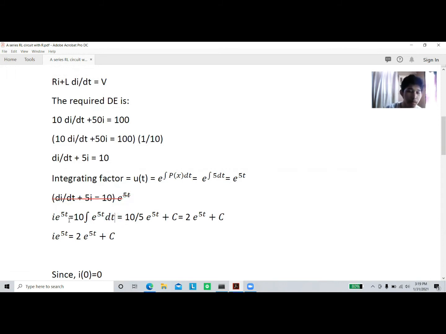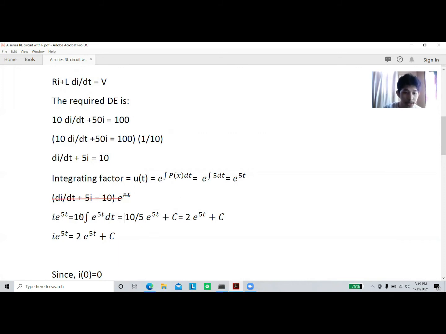You can now simplify this one. To obtain this equation again, you just multiply the dependent variable by the integrating factor, and then equate it with the value of V, the right side of the equation, times the integral of the integrating factor.